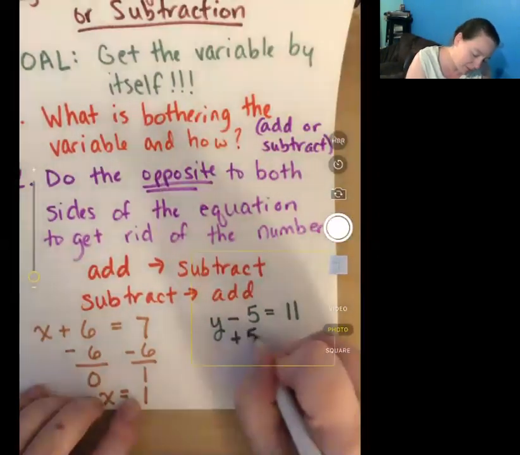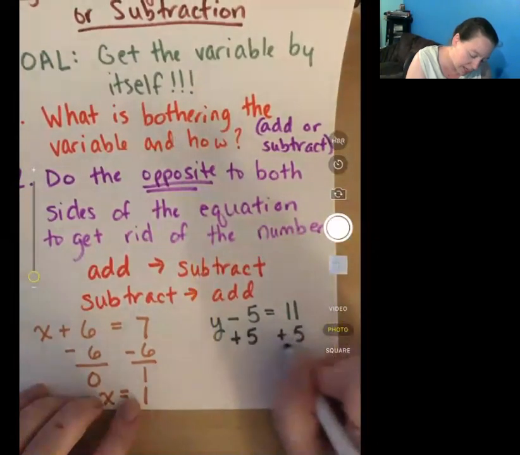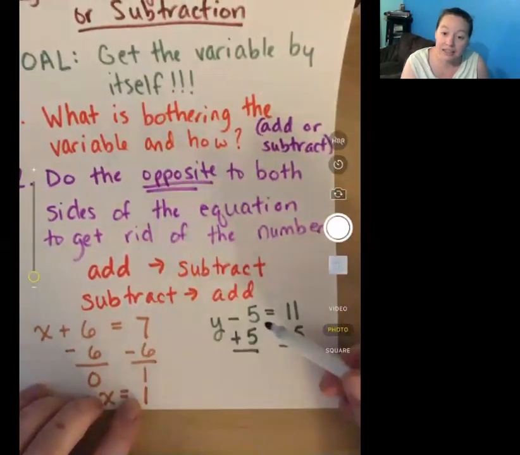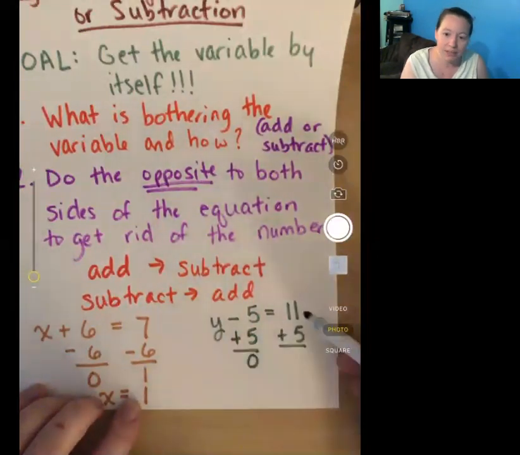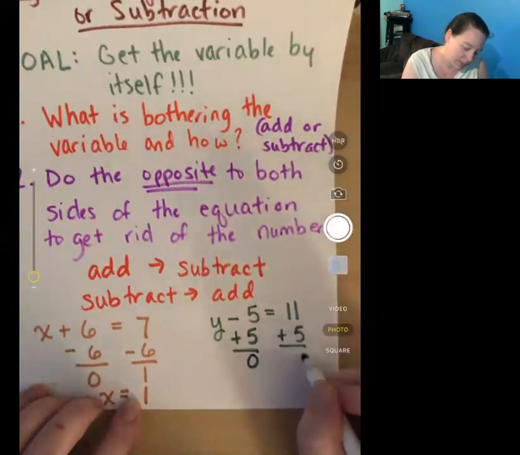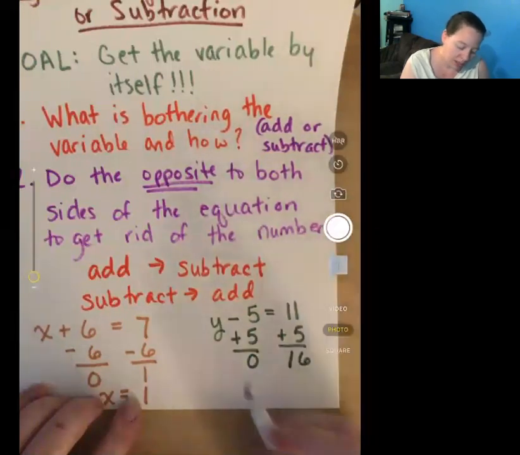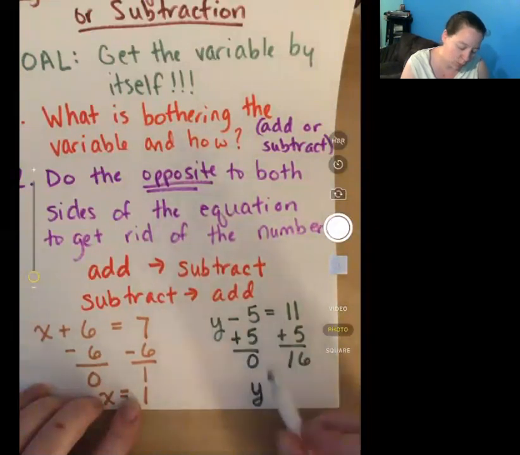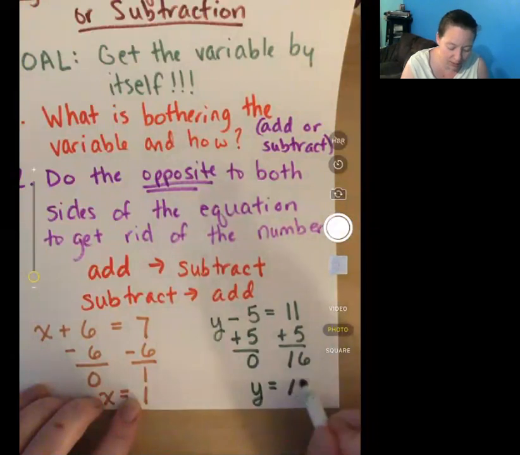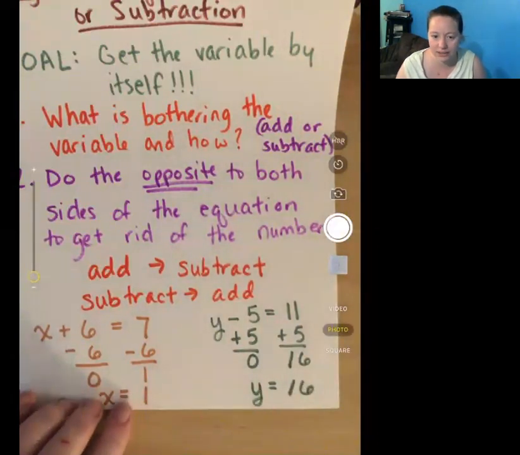So I will add the 5 to both sides. A negative 5 and a positive 5 go together to make a 0. 11 plus 5 is 5 plus 1, 6. 1 plus nothing, 1. Y, which is all that's left on this side, equals, we didn't do anything to the equal sign, 16, which is what that side now is.